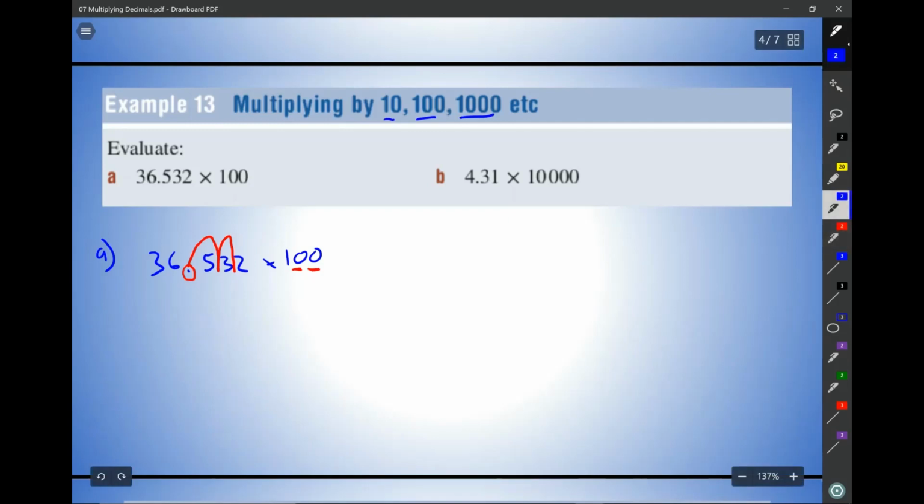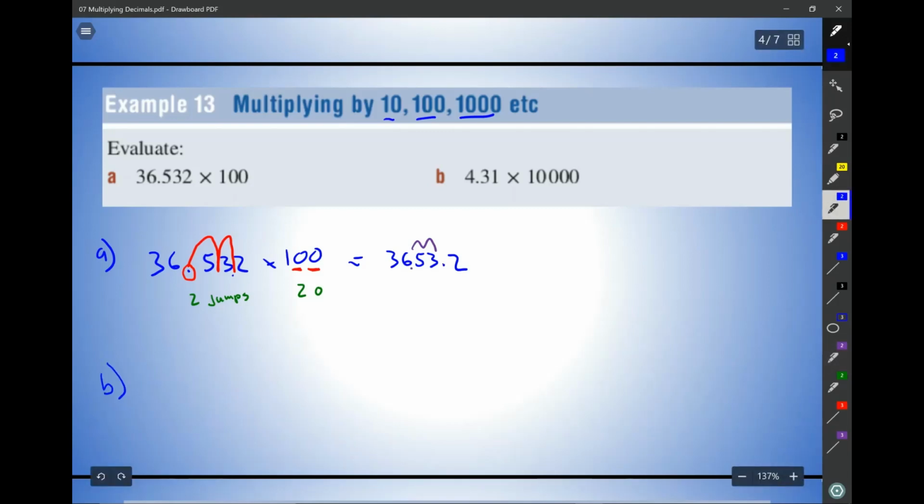In this case there were 2 zeros, so we moved 2 jumps. And then the decimal point ends up here. The decimal point originally was in this spot, but now it's 2 spots over here.